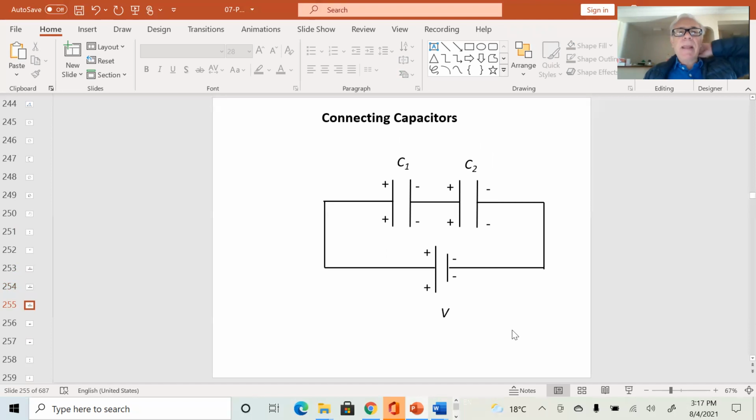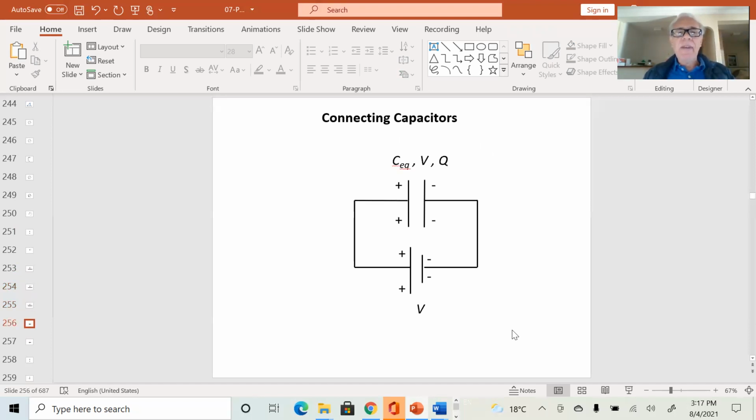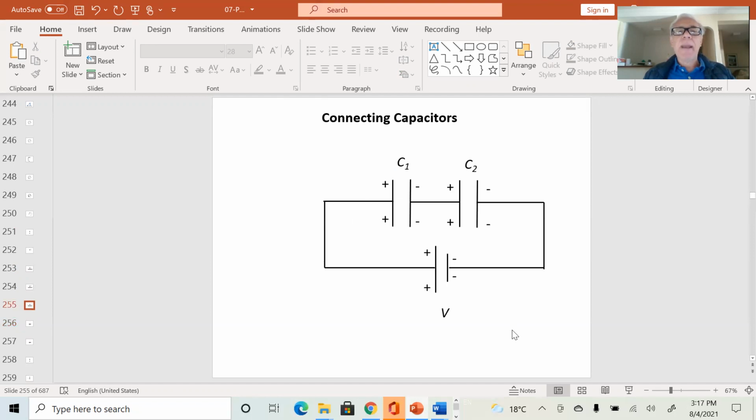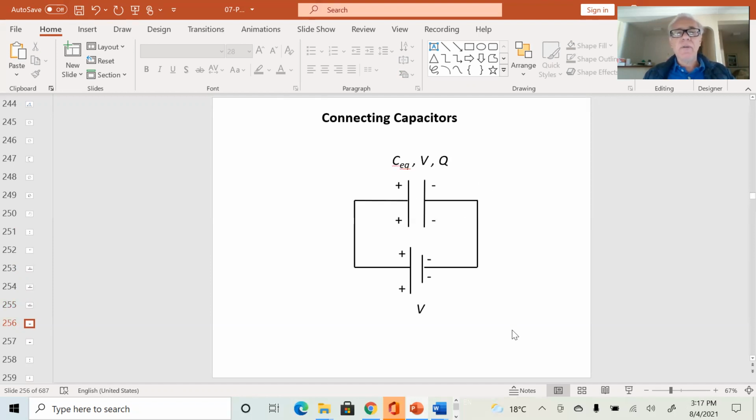The equivalent capacitance in this case is given by the inverse of the equivalent capacitance equals the inverse of C1 plus the inverse of C2. And then you solve for the equivalent capacitance. That's the situation here.